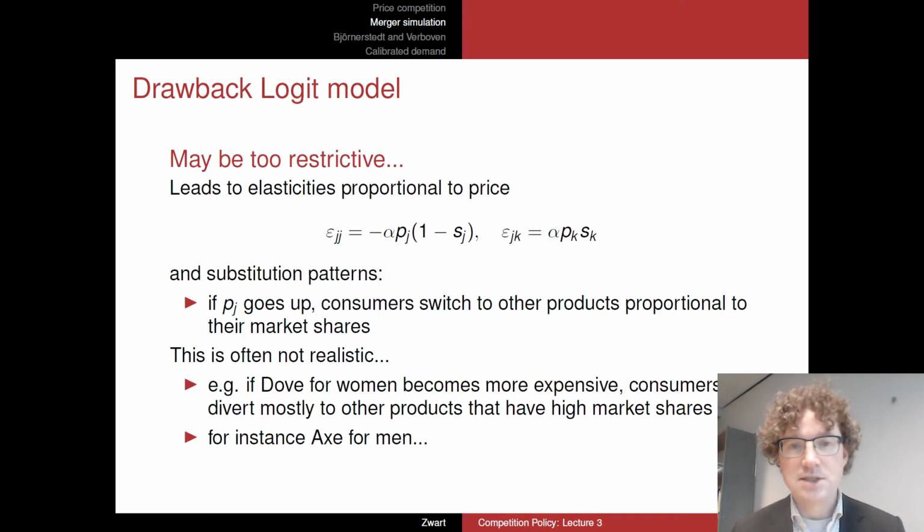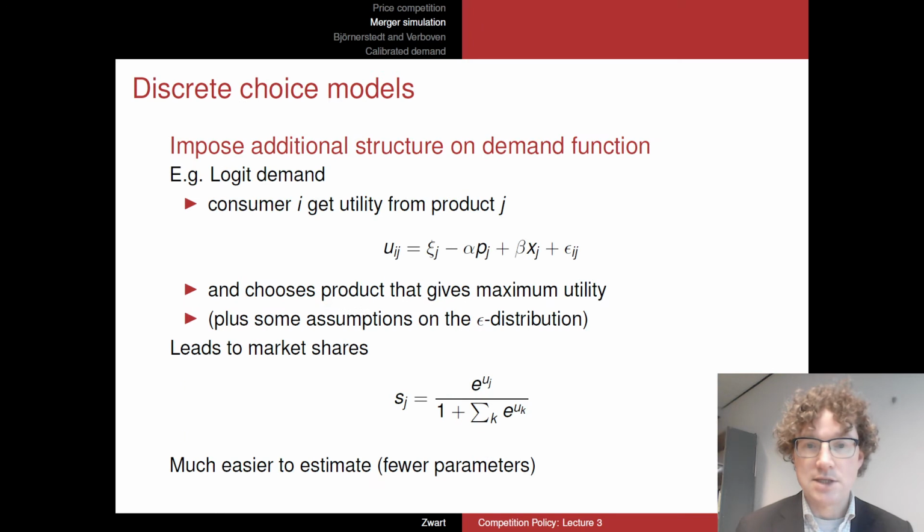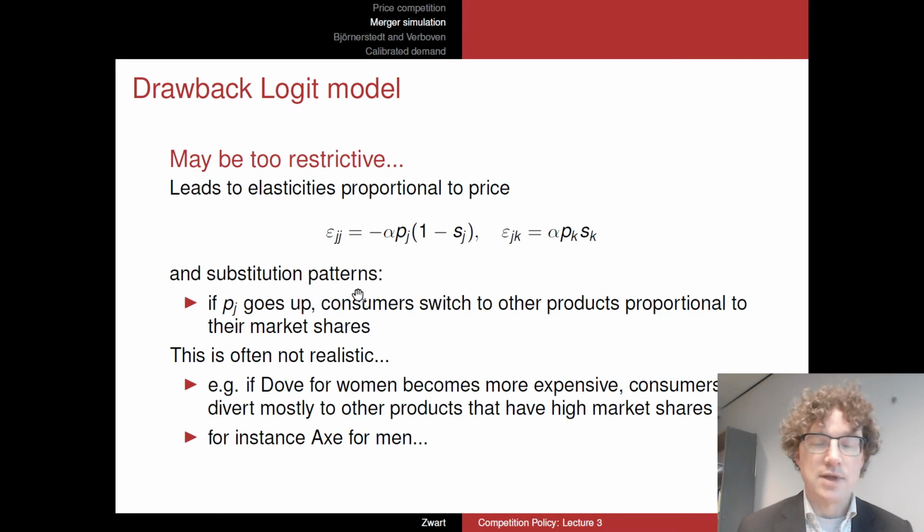It turns out in this particular type of model, for own price elasticities, and you can check this by looking at the derivative of Sj with respect to Pj, and then multiplying by Pj and dividing by Sj, you'll find out that it gives you the own price elasticity. It will take precisely this form: minus alpha times the price.